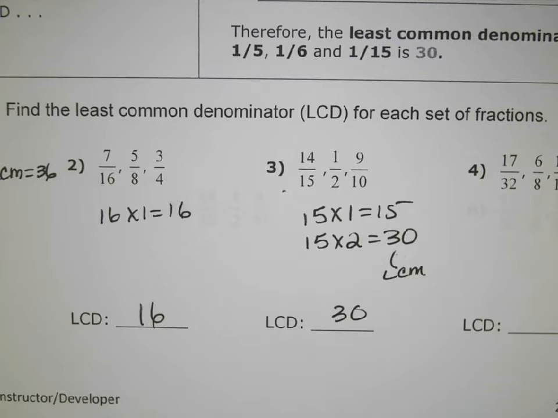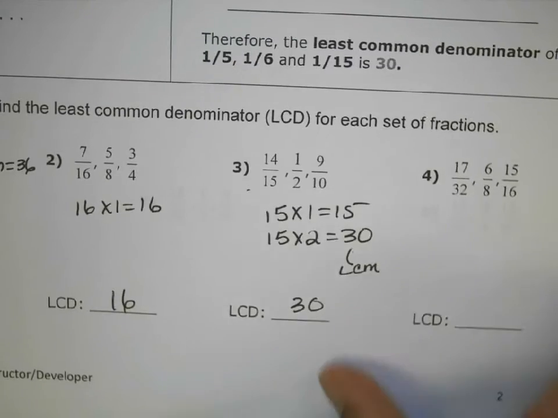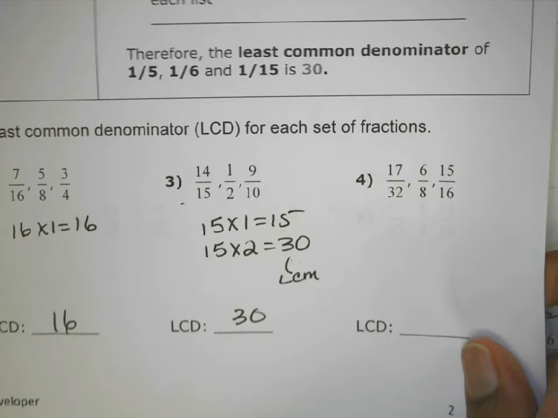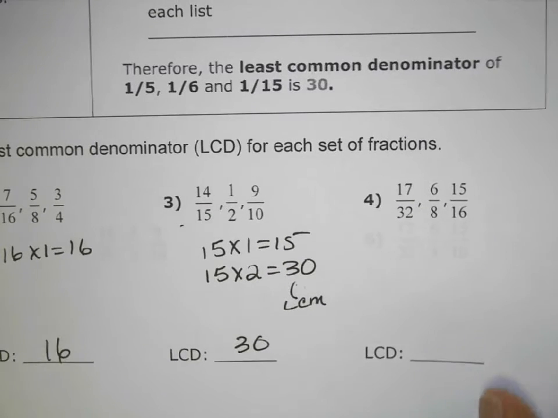Your LCD, or your least common denominator, is going to be your least common multiple out of the numbers. And there's a reason why I'm telling you these definitions, because if you take your AccuPlacer test, they will be doing some questions on LCM and LCD, okay?